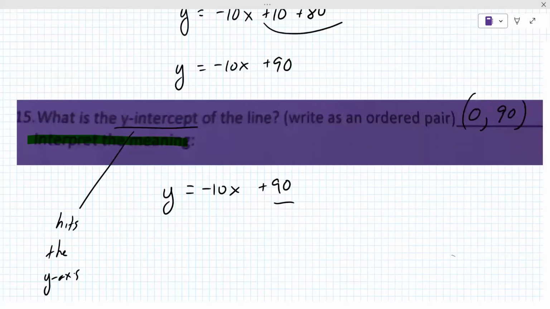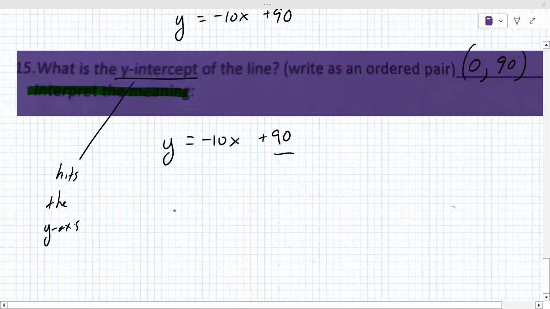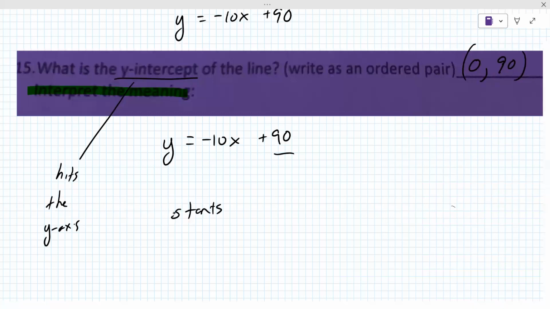What's he trying to do, or she, over the comic? Sydney wants to sell more comic books, and she has got a bunch to begin with. Yes, she's got 90 to start. So over time, she sells more comic books, but we're just interested in when she starts. That's time 0.